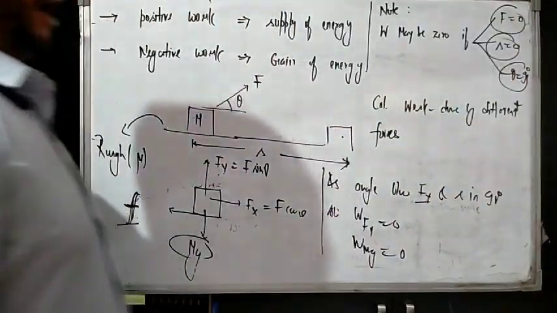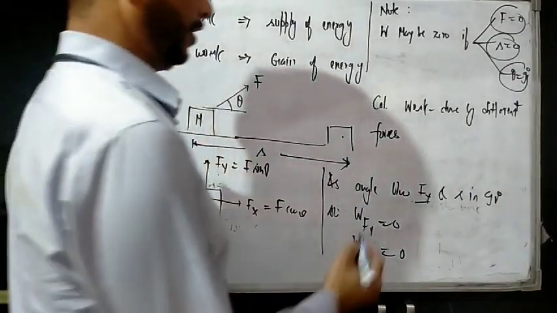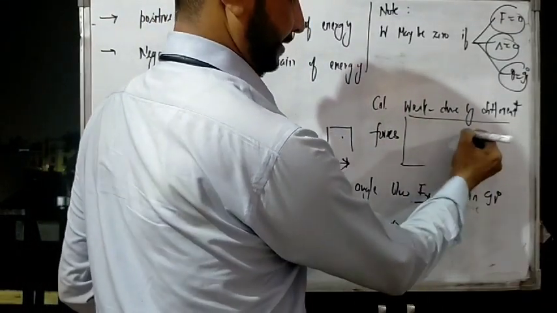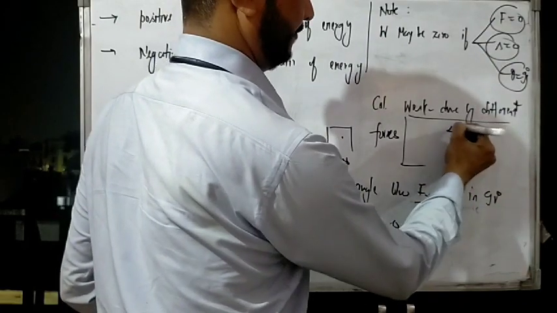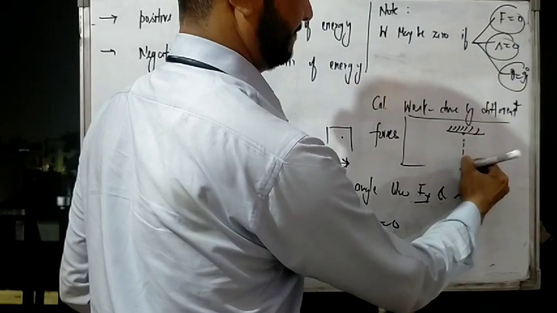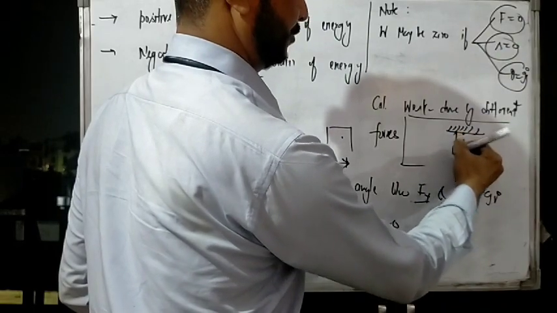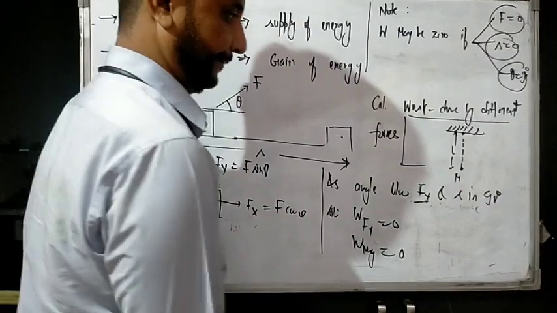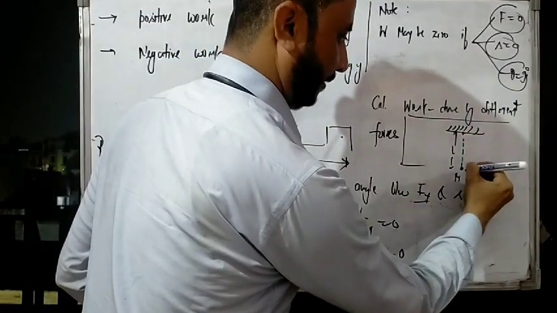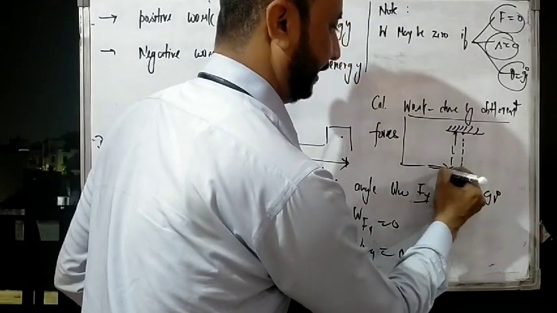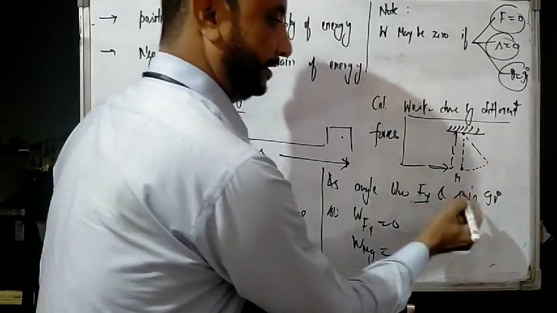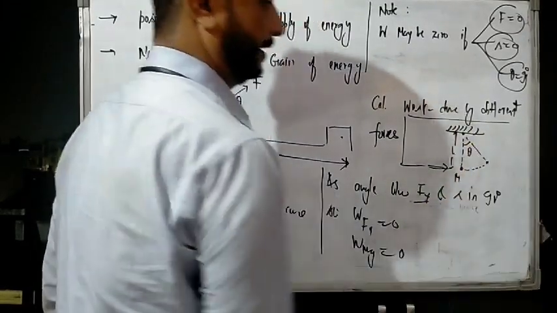Here, on the same concept, there are a lot of questions asked in JEE Main and NEET. Suppose that you have a fixed ceiling from which a bob of mass m is suspended through a string of length L. Okay, and this bob is pushed, and it is moved from here to here by an angle theta.